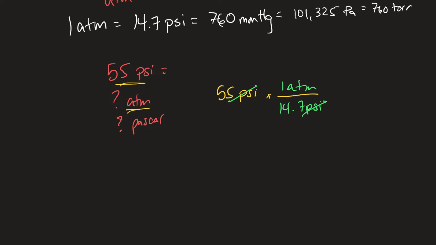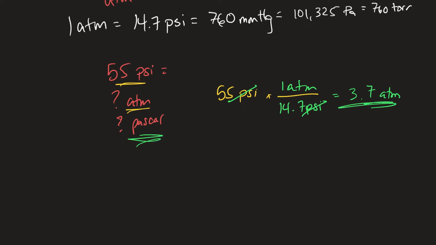So I can cross out the psi. In your calculator, you type 55 divided by 14.7, and that gets you 3.7 atm.